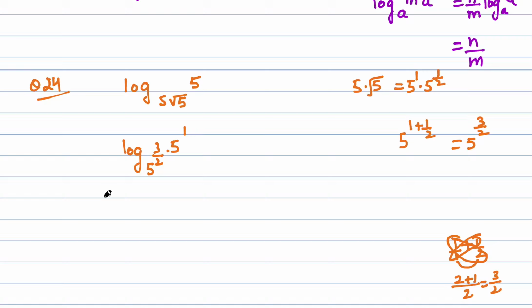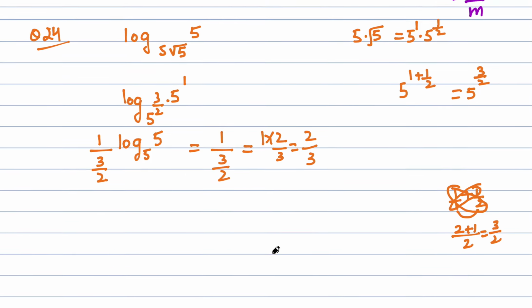So I can write it as 1 over 3 by 2 times log of 5 to the base 5, which is 1. So it is equal to 1 over 3 by 2. Now if you go to the rules of fractions, the denominator part is reciprocated. So it is 1 times 2 by 3, which is 2 by 3. See, we can use this property so beautifully.